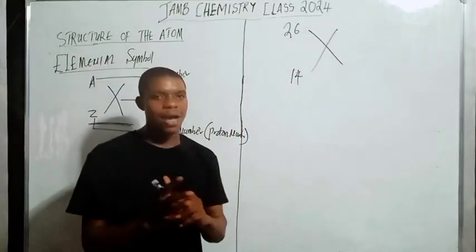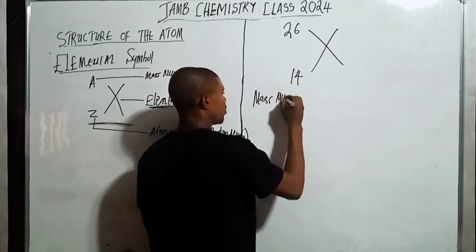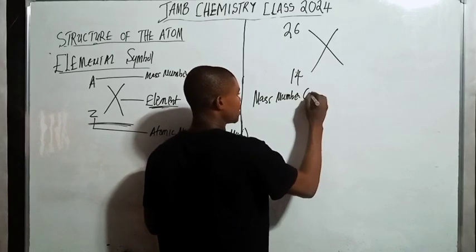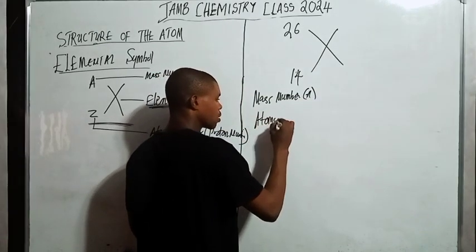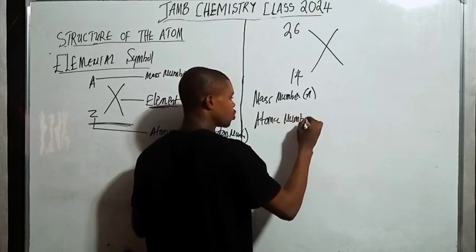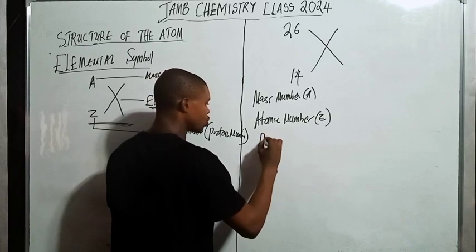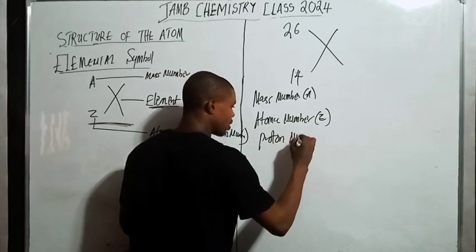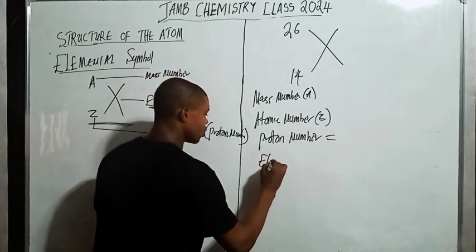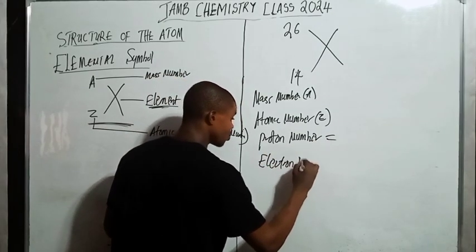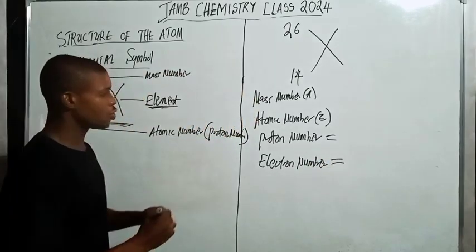Now in the exam they ask you what is the mass number, which is A. What is the atomic number, which is Z. What is the proton number? What is the electron number?